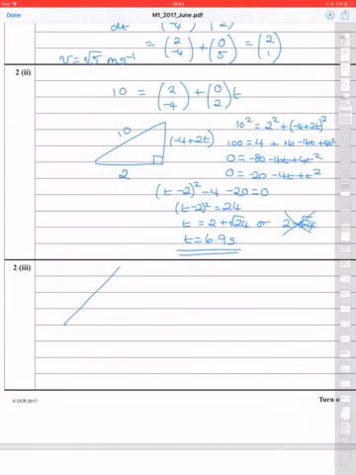So actually what you've got is an equilateral triangle. If you just look at the one above it, they're the same. So t must be the same as minus 4 plus 2t.